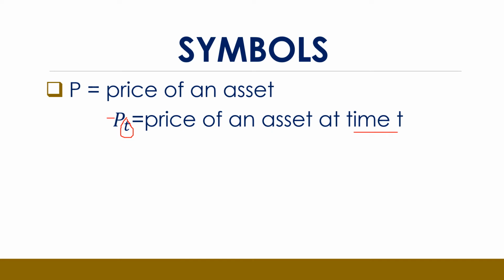In such a case, the subscript will be used to indicate that price is changing with assets. This time, we don't use t, we use i. So we will have P_i, where now i is used to represent the change in price as you move from one asset to the other.